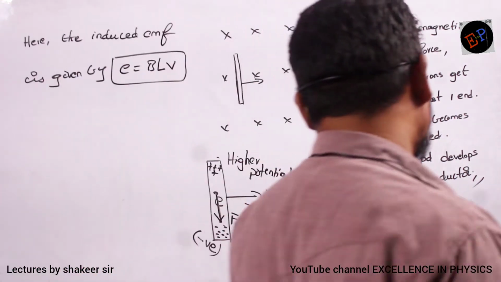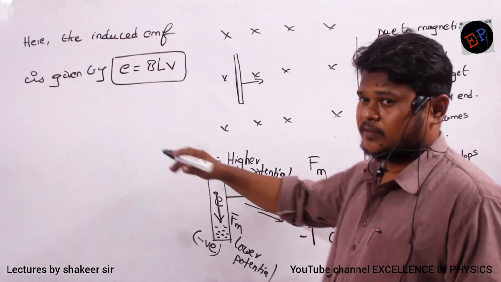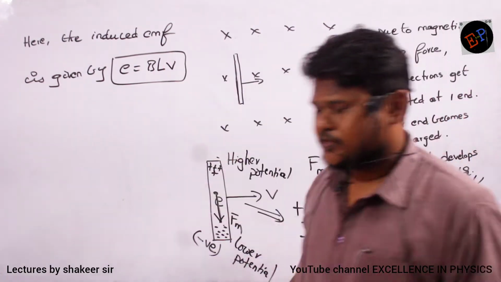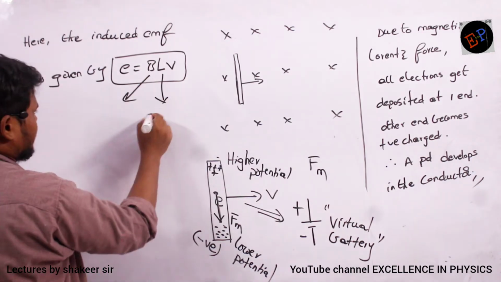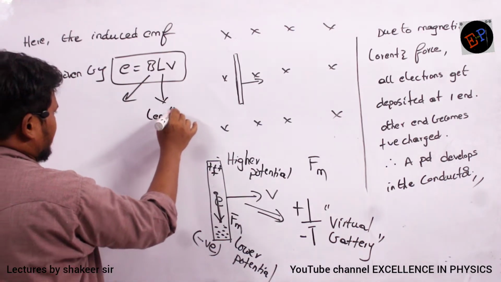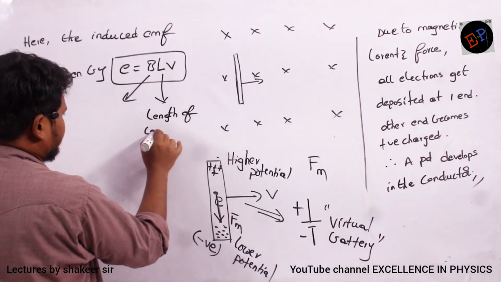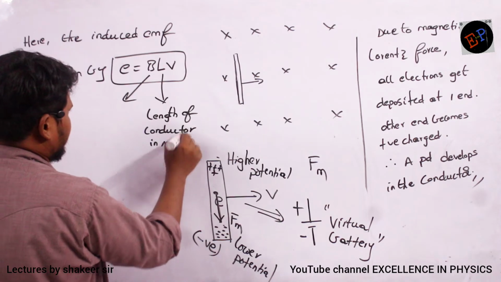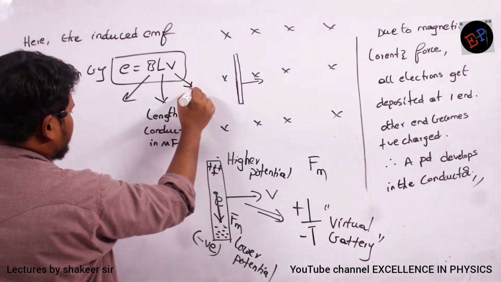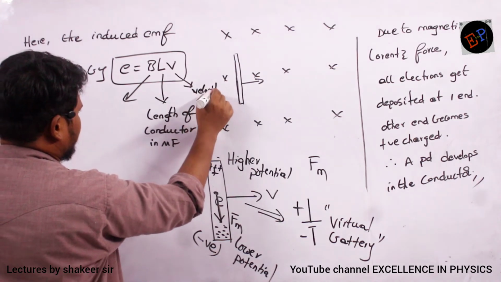Here the amount of EMF induced is given by which equation? BLV. What is B here? B is the strength of the magnetic field, L is the length of the conductor in the magnetic field, and V is the velocity or speed of the conductor. Are you able to understand?